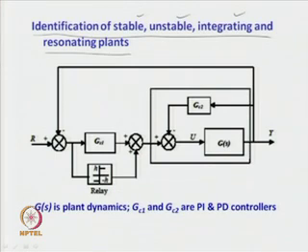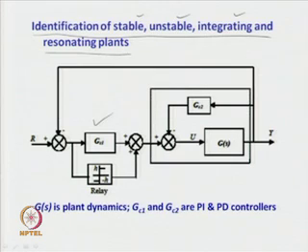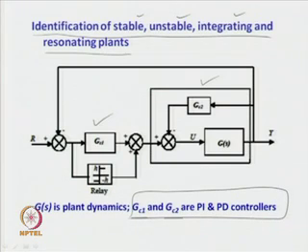So, what is there in this new online identification and control scheme? We have two controllers: a controller GC1 and an inner feedback controller GC2. The controllers are given as GC1 and GC2, often in the form of PI and PD controllers, and G(s) is the plant or process to be controlled.